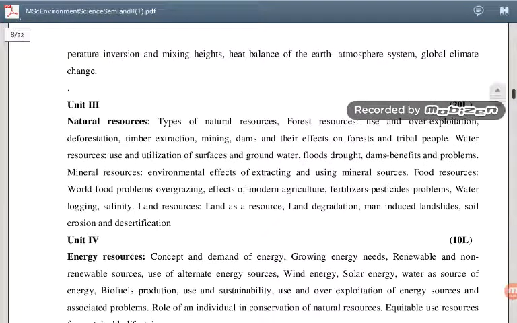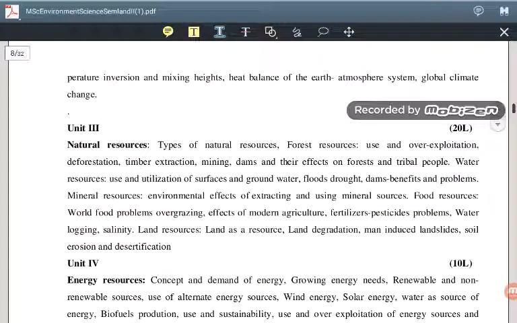Next, coming up to unit 3. The next unit is natural resources. What are the different types of natural resources present on our earth, and how are we utilizing these natural resources? The natural resources may also include certain land resources.